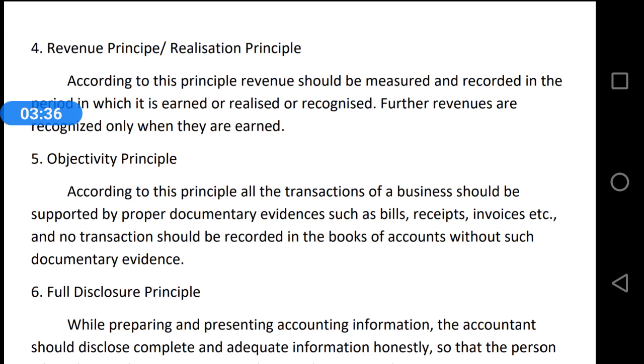Next one, objectivity principle. According to this principle, all transactions of a business should be supported by proper documentary evidences such as bills, receipts, invoices, etc., and no transaction should be recorded in the books of accounts without such documentary evidences.